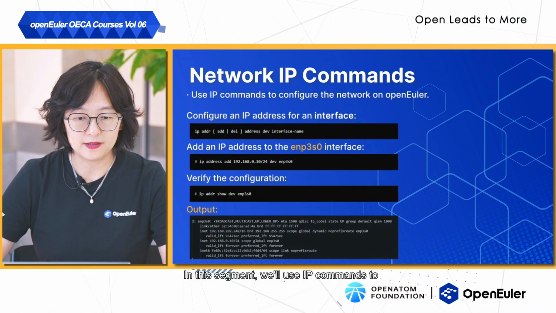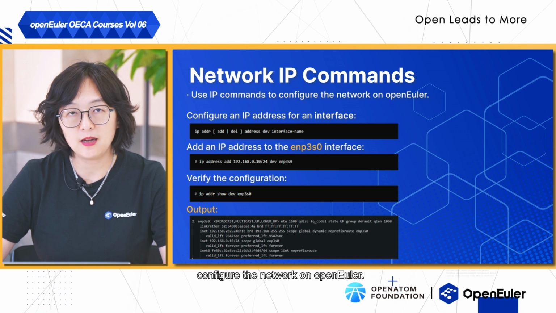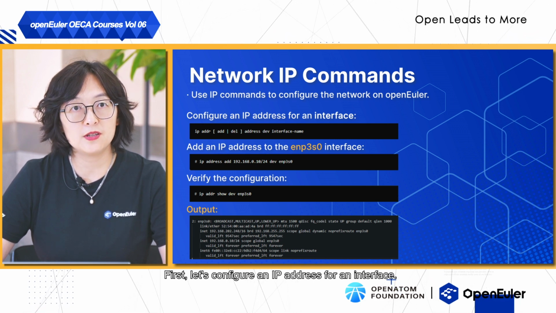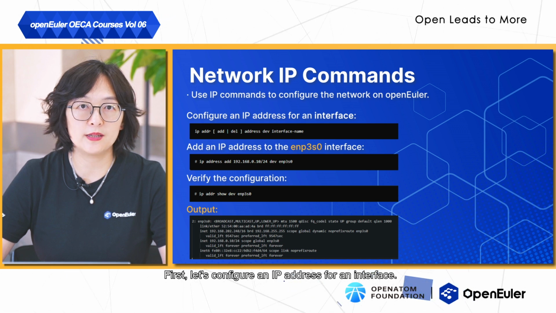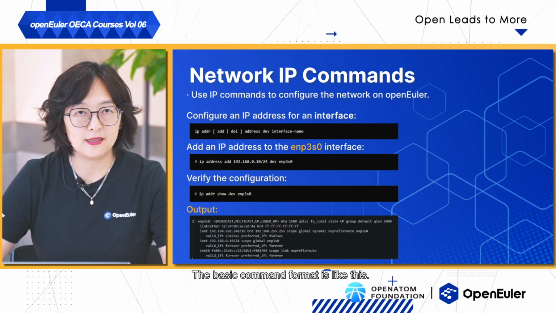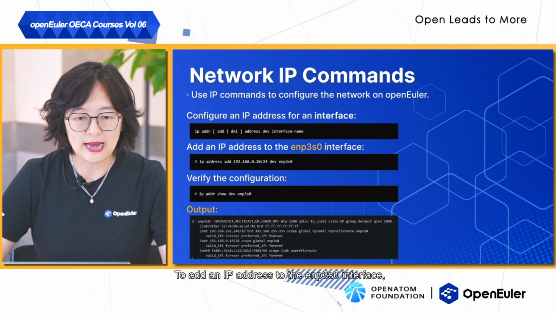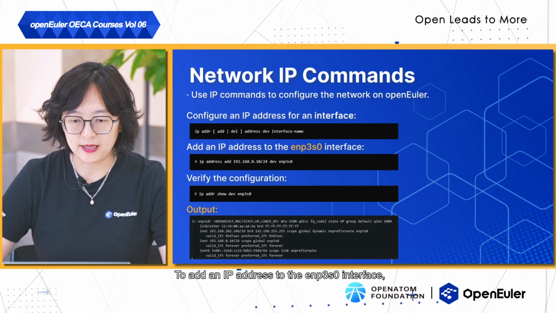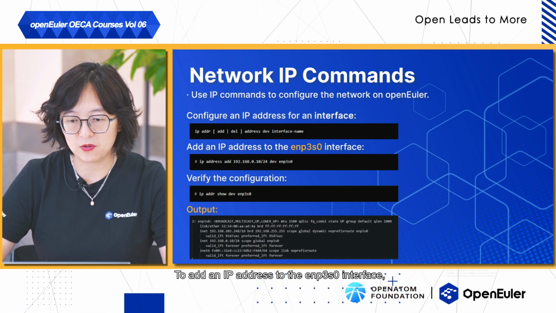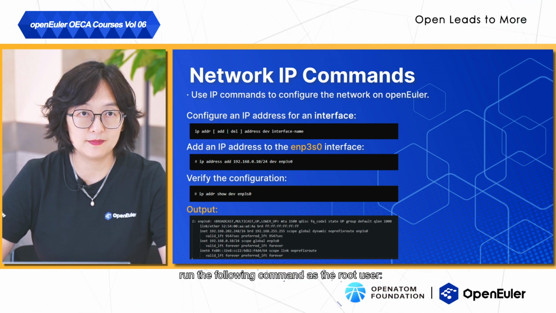In this segment, we'll use ip commands to configure the network on openEuler. First, let's configure an IP address for an interface. The basic command format is like this. To add an IP address to the enp3s0 interface, run the following command as the root user.